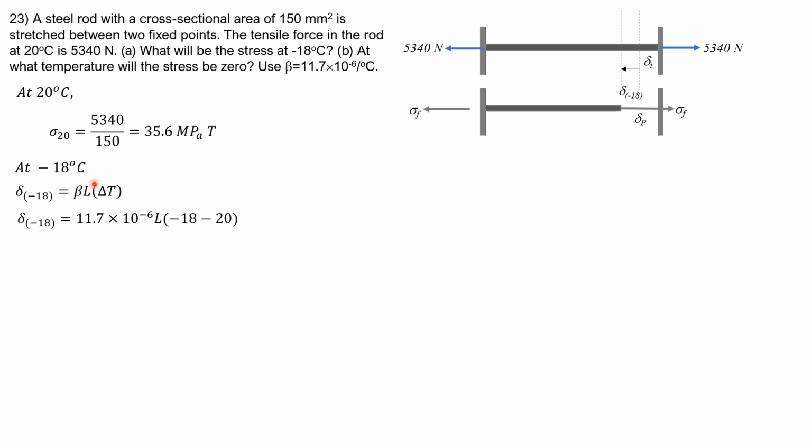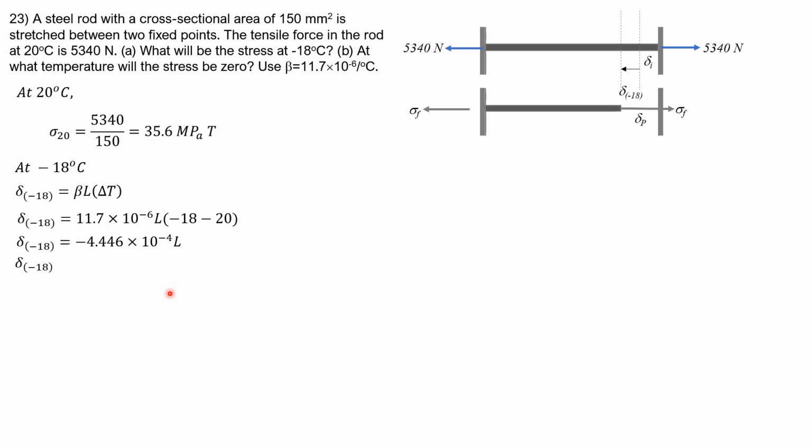I'm the only one who makes this beta so that you can easily recall the formula. Or for other topics, bulk modulus of elasticity, that's volumetric expansion or contraction, that is supposedly beta. So in terms of L, it is equal to negative 4.446 times 10 to the negative 4 of L.